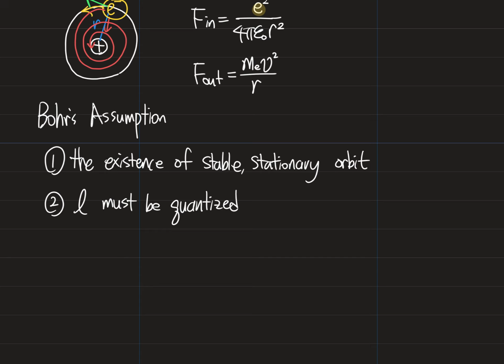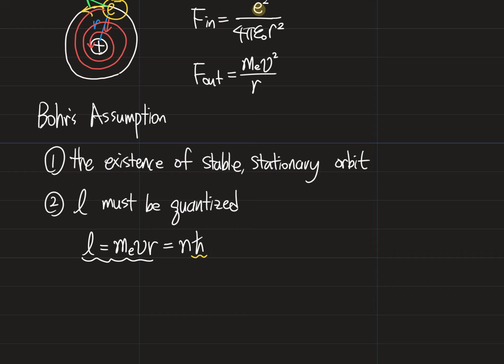He stated that the angular momentum could only exist in integer multiples of a fundamental constant. Writing this rule, L, which is m_e v r, as we already derived, should be some multiple of a fundamental constant: L = n h-bar.